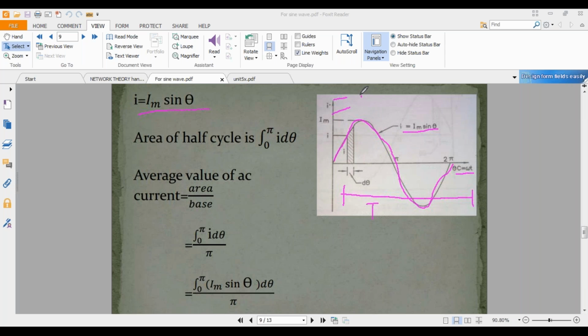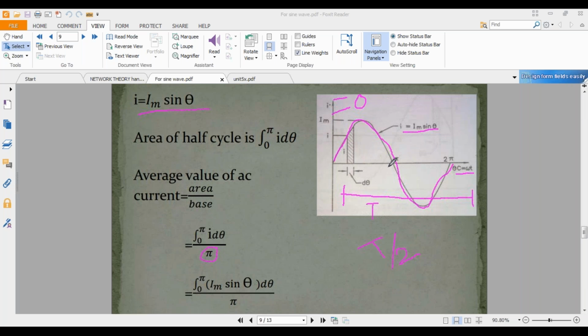So for a symmetrical waveform, the time period to be considered is T by 2, the half period, to calculate its average value. So here I am going to take the half period.